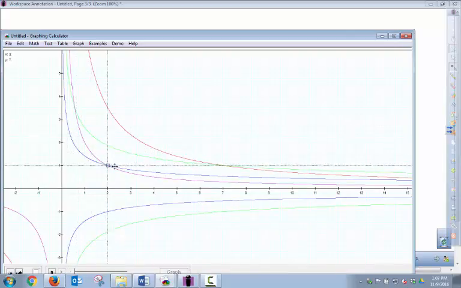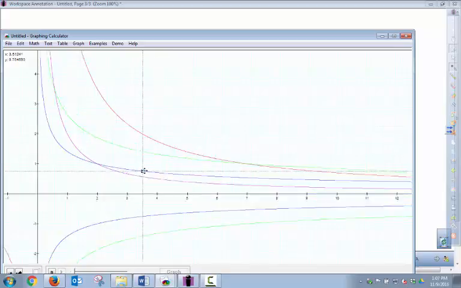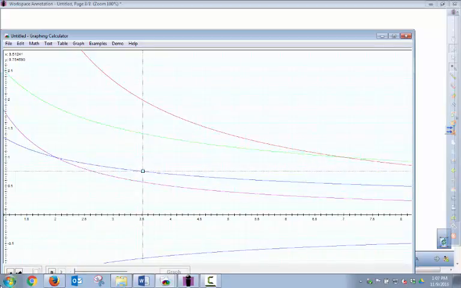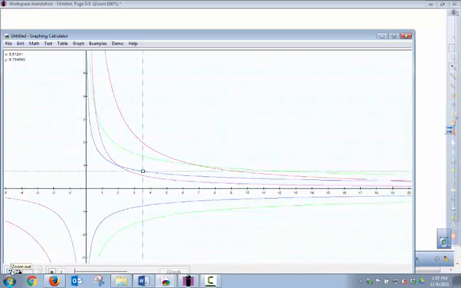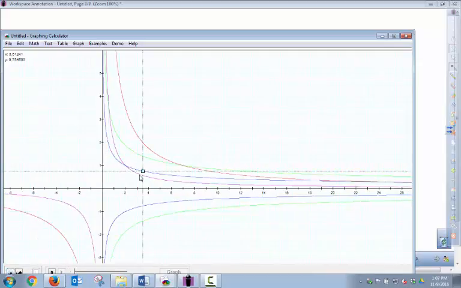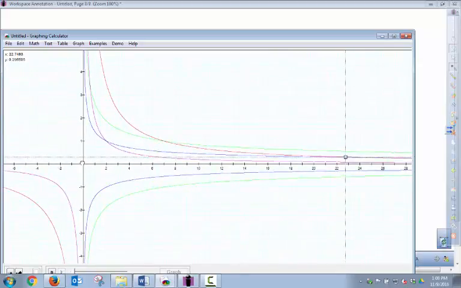So if I extend this out, I see a bunch of intersections. I'll change to the blue, and maybe shrink this down a little bit. They'll intersect here somewhere, and then the red graph. That's confusing.